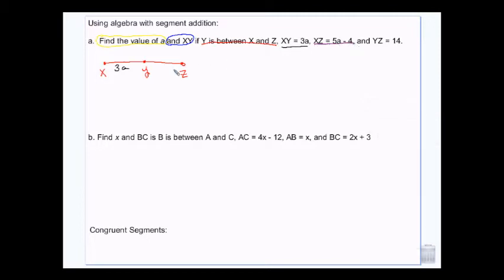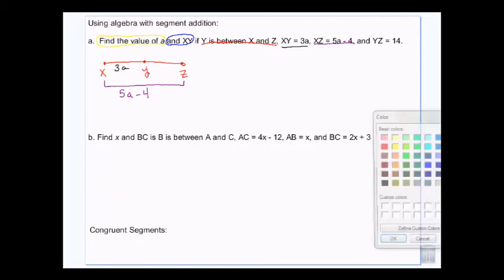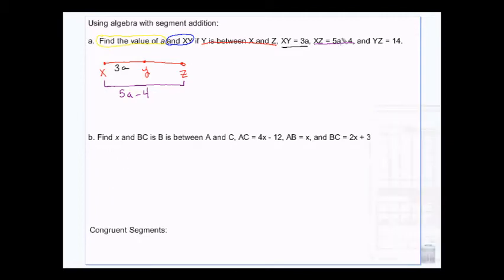XZ is 5a minus 4, so that's the whole thing, XZ. And YZ is 14.